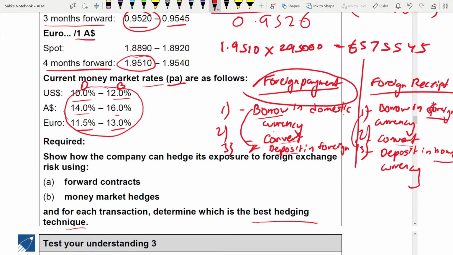So for a foreign payment, we borrow in domestic currency, which means we borrow in euro. So we borrow in euro means 13%. And we invest in foreign currency, which is US dollar, which is 10%. But we have to take 3 months of each, 13% and 10%.